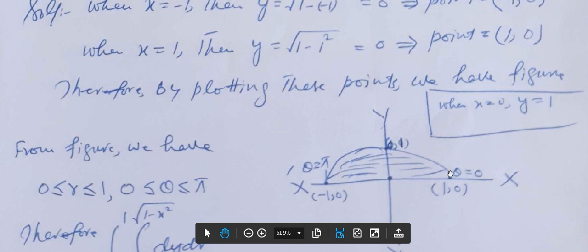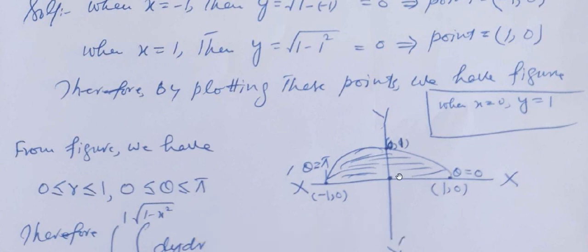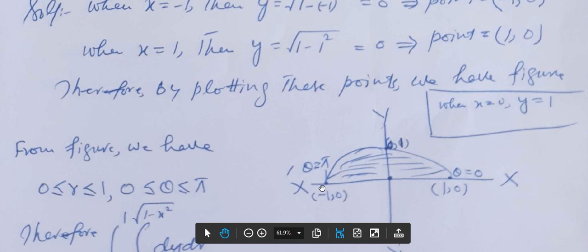Now if it is a half circle, radius is always from the center. Remember, we cannot say here radius is -1 to 1. Radius we always measure from the center. So the radius varies from 0 to 1, and theta varies from 0 to pi, because up till here it is pi by 2, and now it is this.